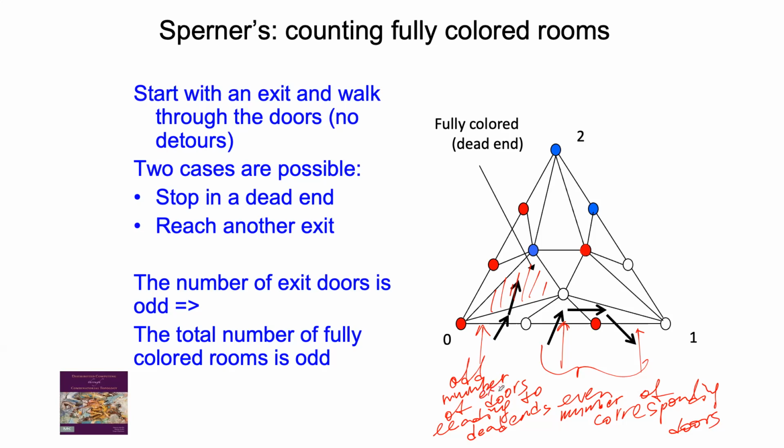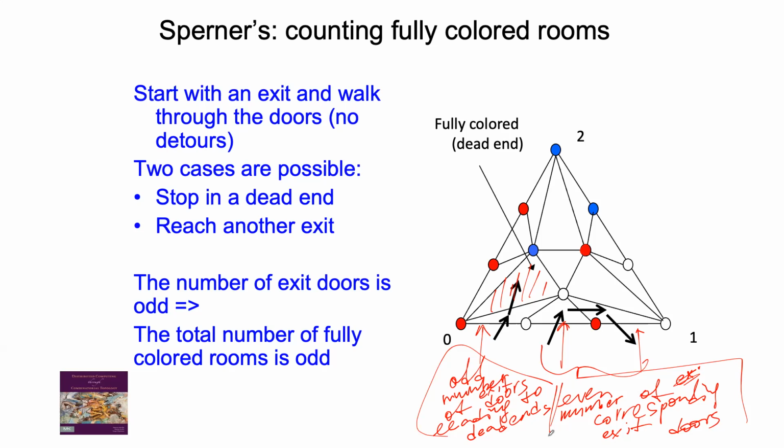Sorry, exit doors. Number of exit doors, of corresponding exit doors. So it's about exits, not about all the doors in my house. There are two dead ends which are not reachable from the exits. Basically, what I want to say there.